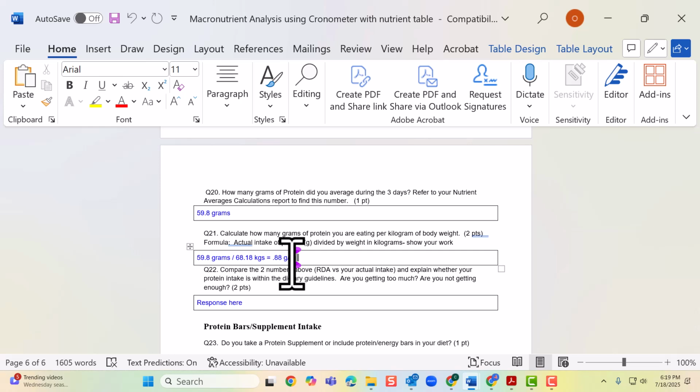So I'm going to use this next section to compare the two numbers, the RDA versus my actual, and explain, am I getting enough? Am I getting too much? Analyze it. In this case, I'm not getting enough based on my activity level, so therefore I would maybe need to increase protein a little bit.